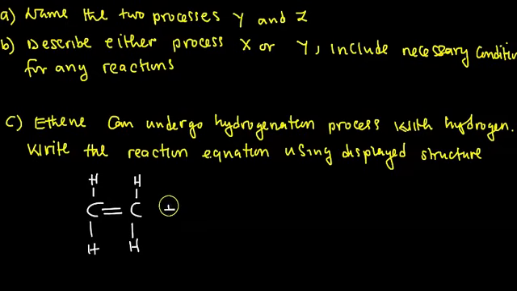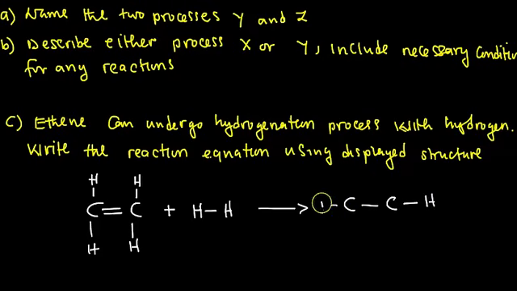We are adding hydrogen, represented like this. An alkane is going to form, and that is ethane. The double bond breaks, making room for attachment of two hydrogens, and we have ethane.